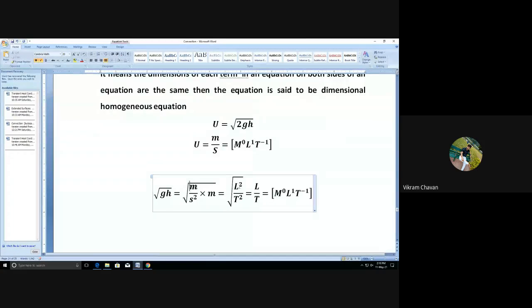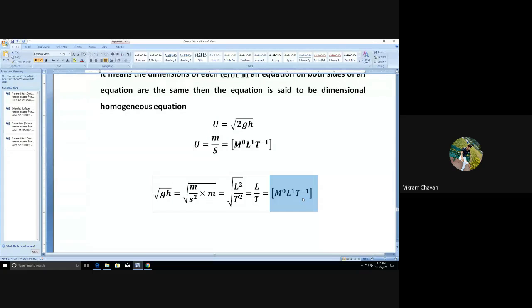So under root of L square divided by t square gives L divided by t, which is M raised to 0, L raised to 1, t raised to minus 1.